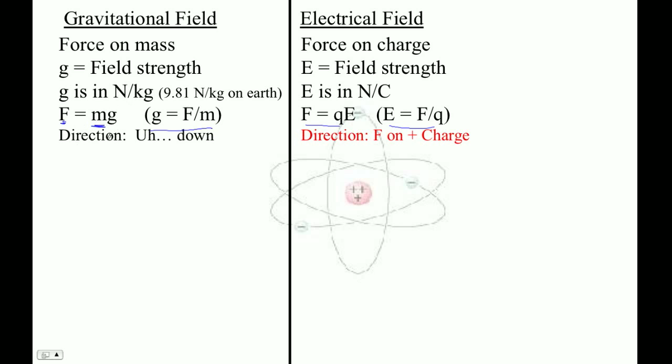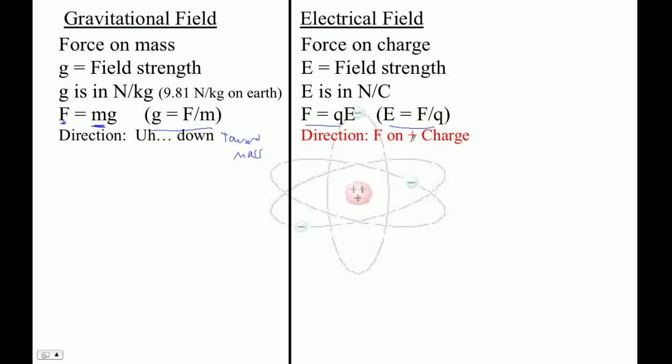The direction of gravity is down, or more specifically, toward mass. Electric field is a little bit more complicated because there are positive and negative electric charges, whereas with masses we're only going to deal with positive masses. In theory, I've read that maybe there could be stuff with negative mass, but we're just going to go with positive mass here.